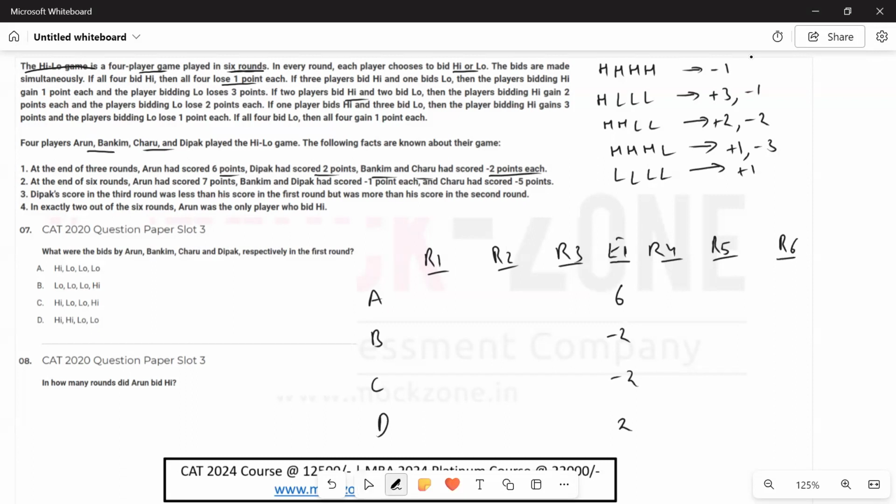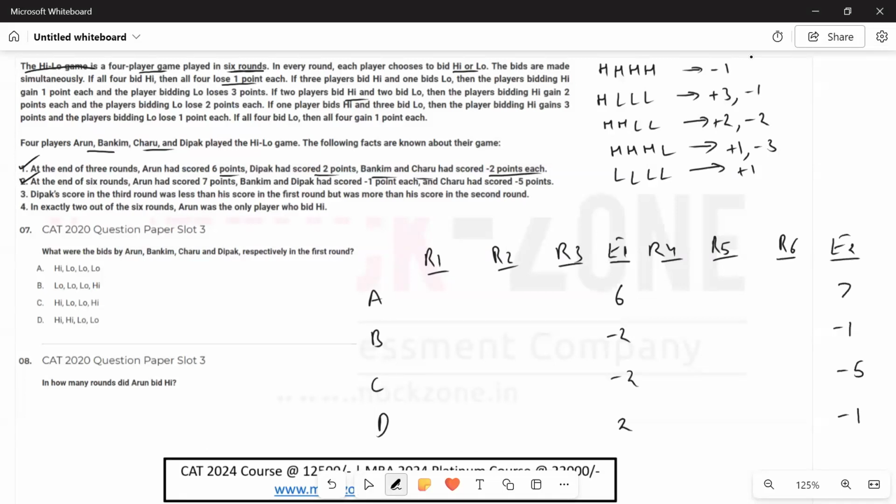At the end of round 6, we have point number 2: A has 7 points, B and D have scored -1 point each, and C has scored -5. Okay, so we have covered point number 1 and point number 2.